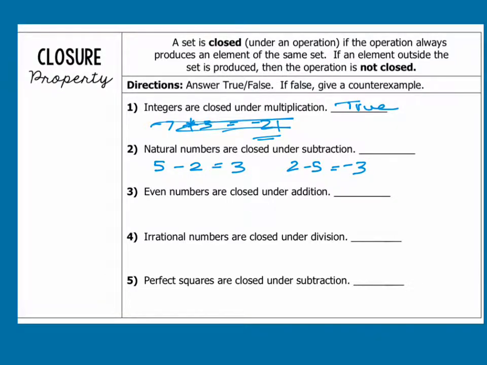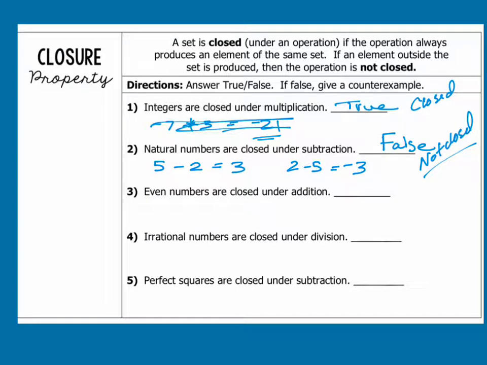So this would be false. It's not closed, because an element outside the set was produced. So the first would be closed and this is not closed. We shouldn't have said false and true, but they're asking the question.